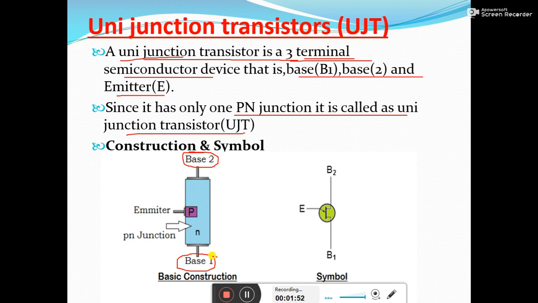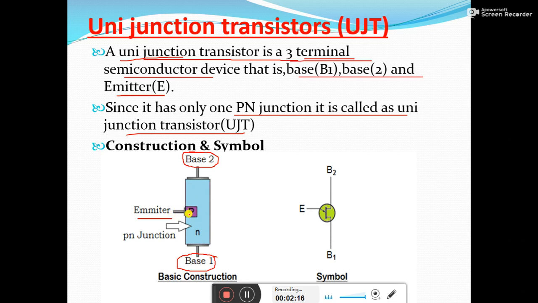So there will be two bases, and a heavily doped P type material or P type semiconductor is diffused into this lightly doped N type semiconductor bar, which will form a PN junction.